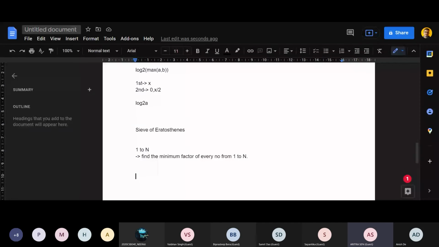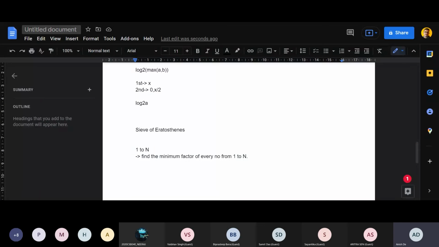O of n. Yes, O of n, because you said you will run a loop from 2 to root n and check whether the number is divisible or not, for every number. So how is the time complexity O of n?